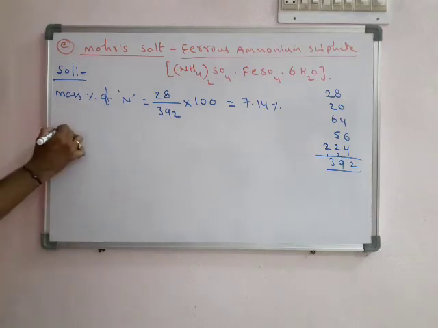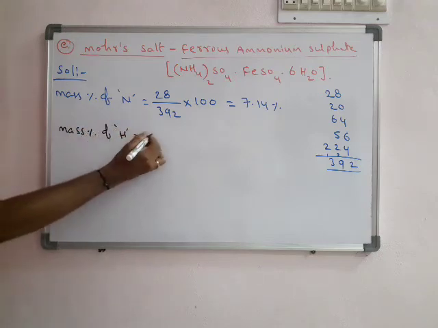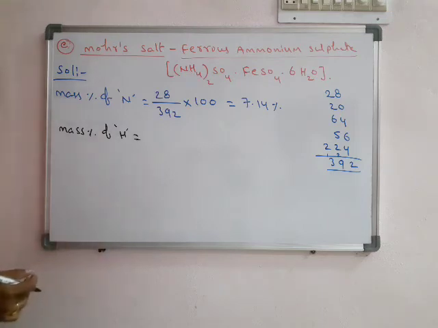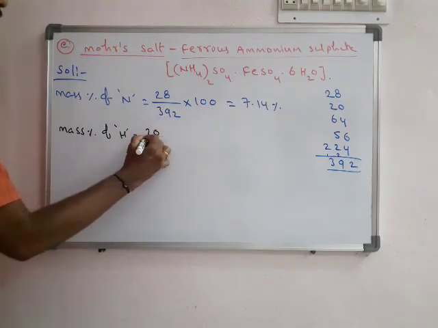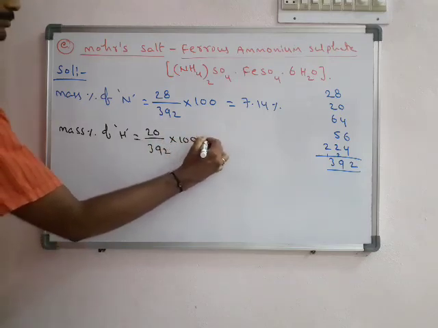Next, mass percentage of hydrogen. How many hydrogens are there? Total 20 hydrogens. Each is carrying 1 gram. That is total 20 into 1 by 392 into 100.